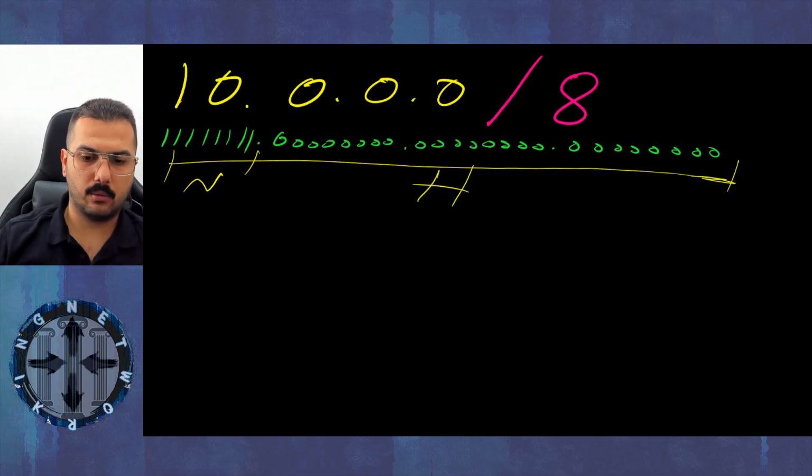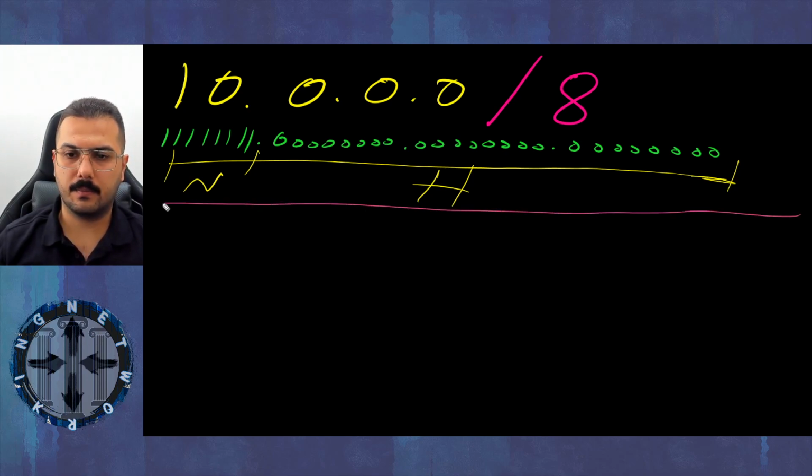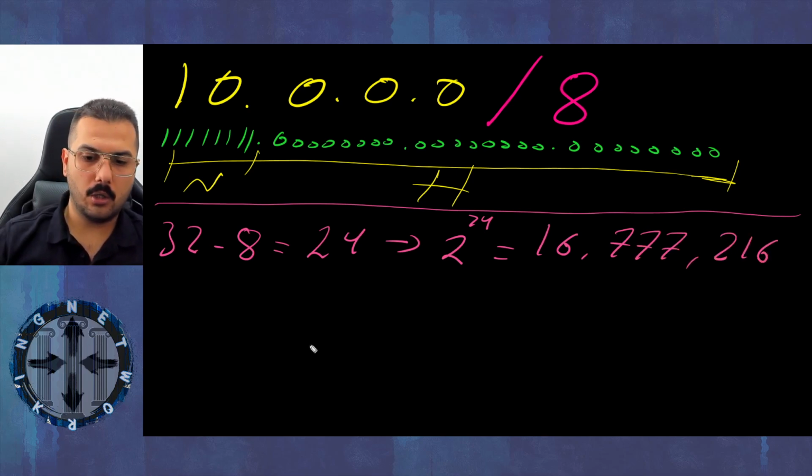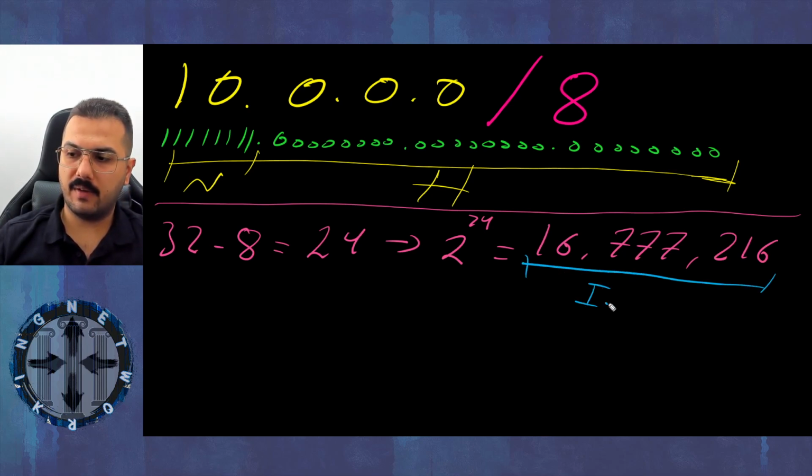If we go back to the basic rules again, then they should look like this. 32 minus 8 equals 24. This leads us to 2 to the power of 24. Using a calculator, this results in 16,777,216, also known as the increment value.